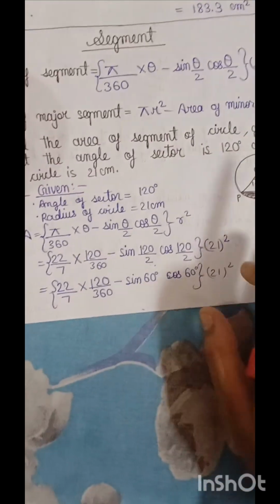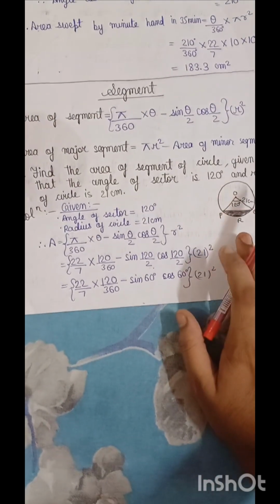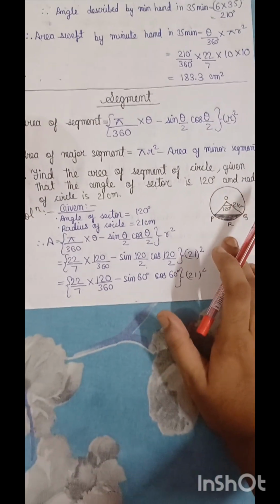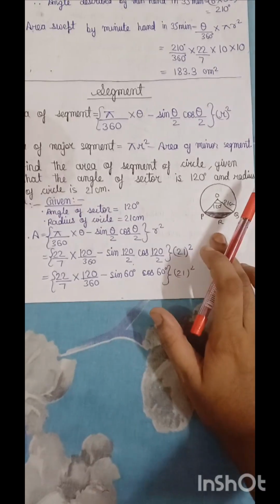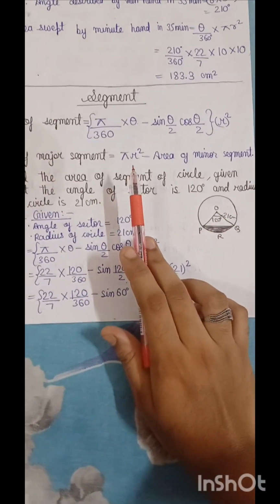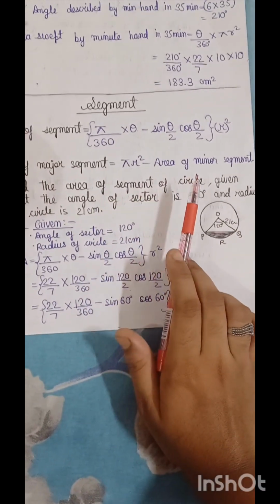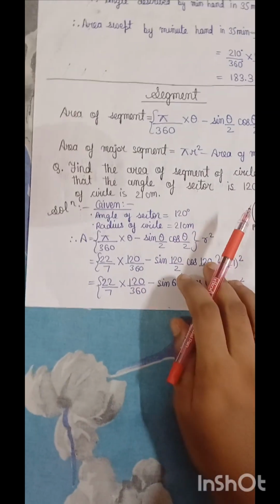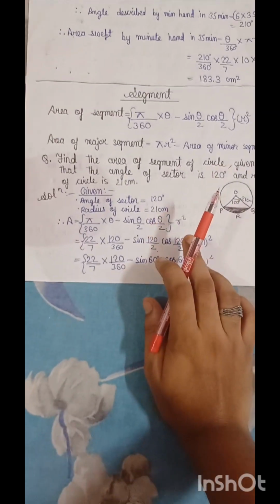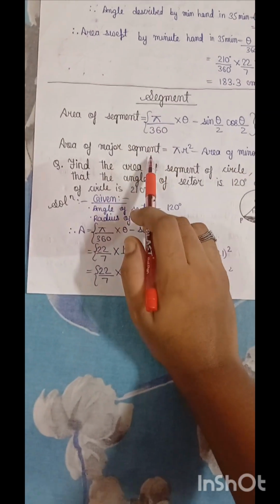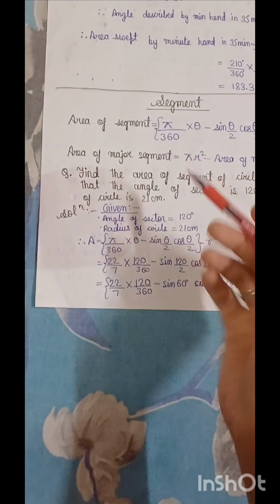So you can use any of these two formulas, both are correct. Fine. Coming to the next, as we know that there are two kinds of segment, major segment and minor segment. So to find the area of major segment, we have to use this formula, pi r square minus area of minor segment. Okay. Now we are going to do one question practice which is related to one of those formulas.